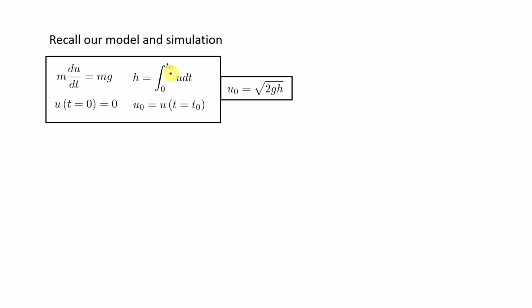This equation gives us the t0. Once we know the t0, we can calculate u0, which is u at t equals t0. Once we complete this calculation, we get an answer u0 equals root over 2gh.